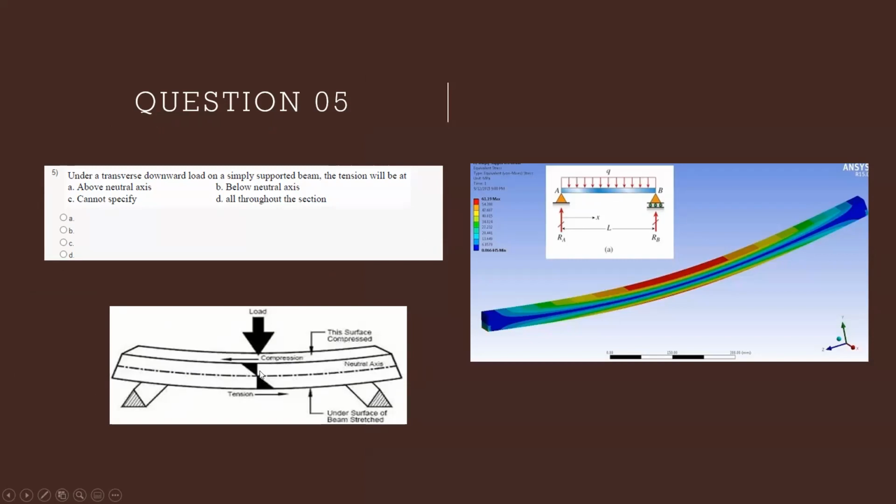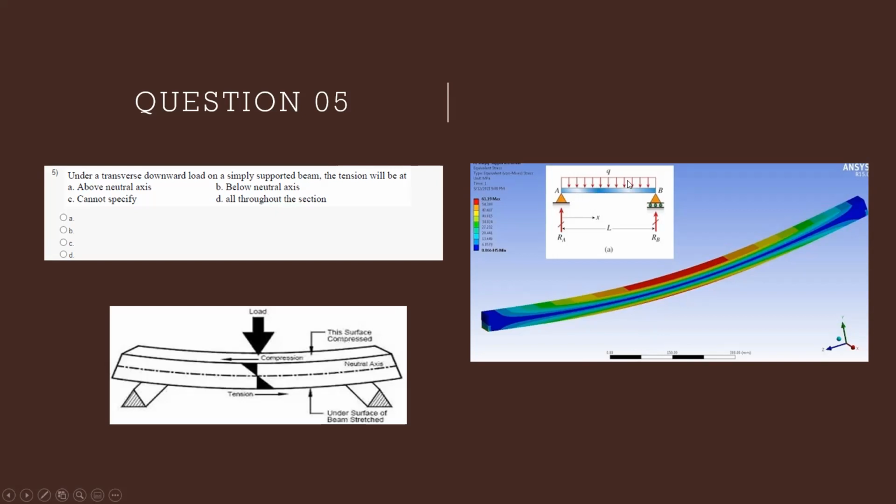All the fibers above the neutral axis experience compressive stresses, and all the fibers below the neutral axis experience tensile stresses. Here is a beam modeled in ANSYS software, and from this contour plot we can also see that the tensile stresses are at the bottom and compressive stresses are at the top.